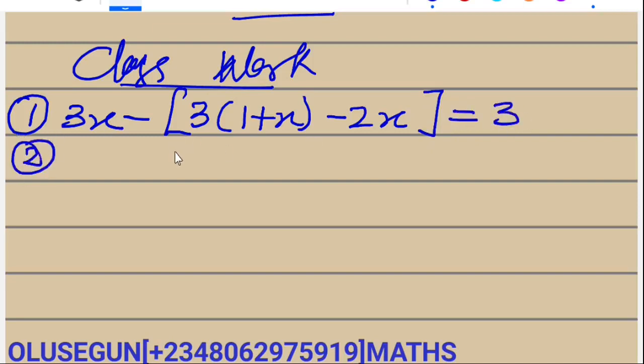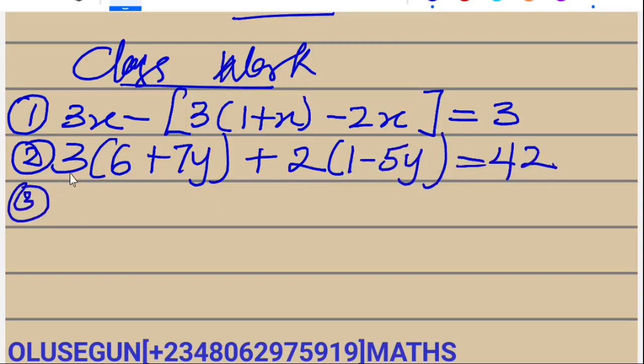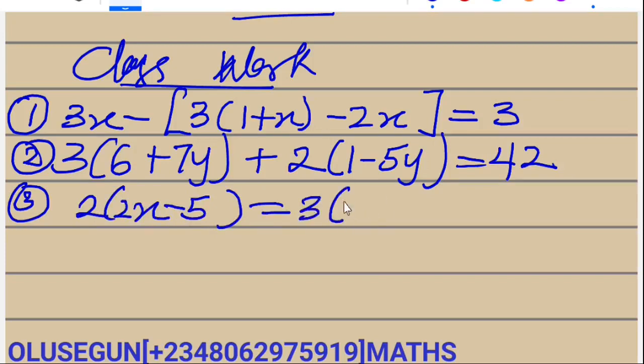So number 2, let's try to do this. 3, bracket open, 6 plus 7y plus 2 onto 1 minus 5y is equal to 42. So let me just put 1 to join and let's see what you can be able to do about it. Minus 5 is equal to 3 onto x minus 6.